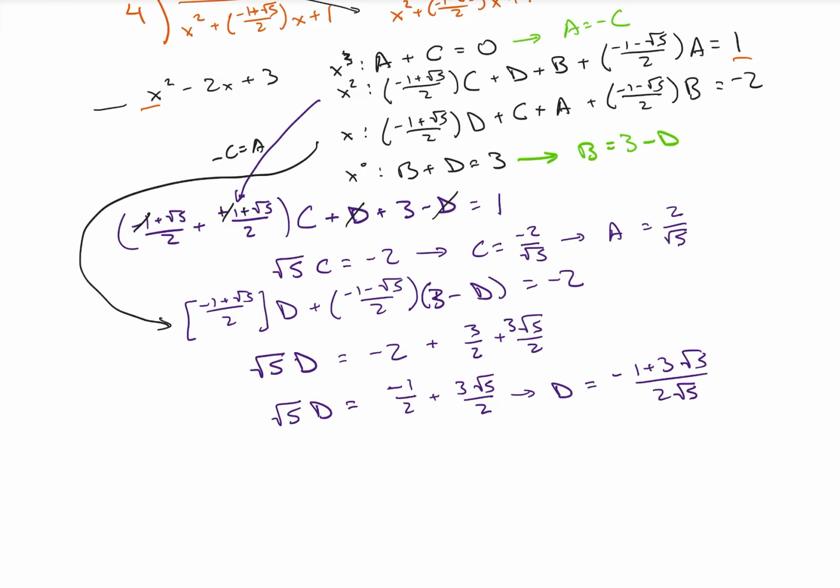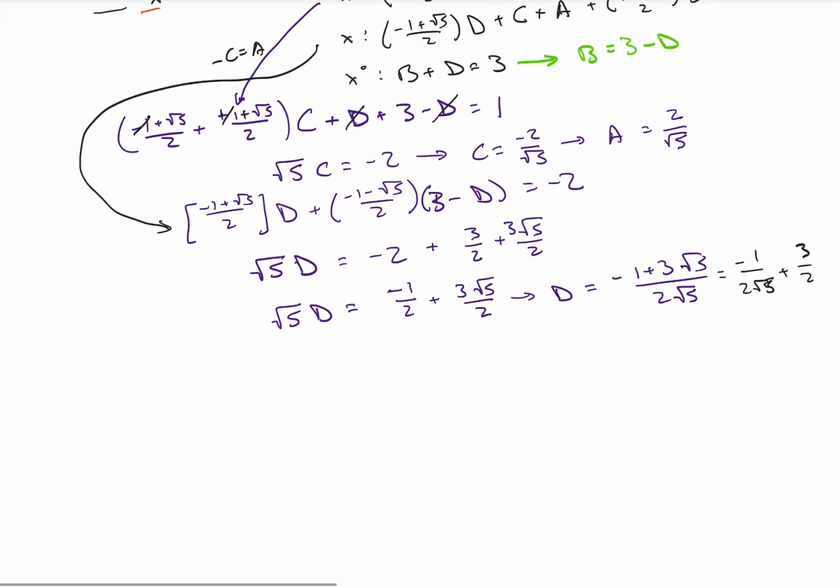So now we get d equals negative 1 plus 3 root 5 over 2 root 5. If we want, we could separate that, and we would get negative 1 over 2 root 5 plus 3 halves. All right. And I could write that as negative root 5 over 10 if I wanted, but I don't mind having radicals in the denominator.